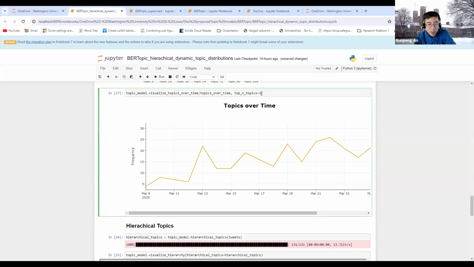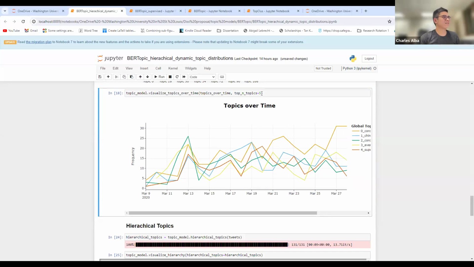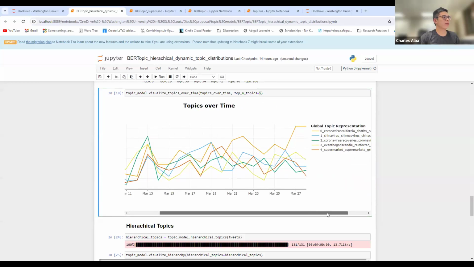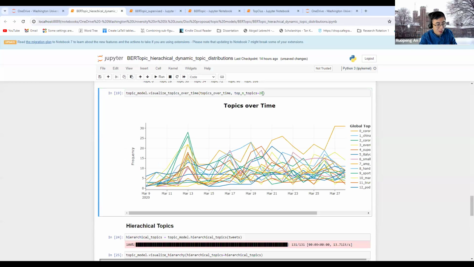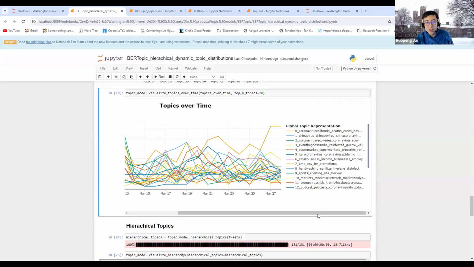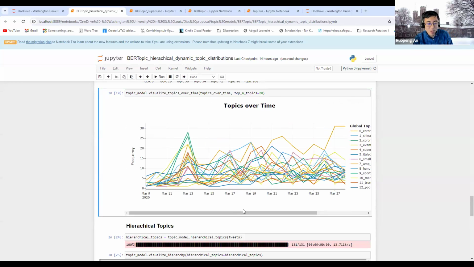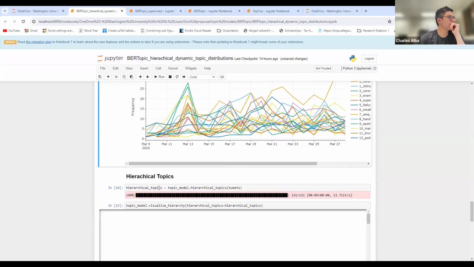Yeah. So it's recommended that, for example, if you have 30 time points, you make it 30. So it's the frequency. Okay, I see. Okay, it's the transition of topic, it's the transition of frequency. Yeah, that makes sense.